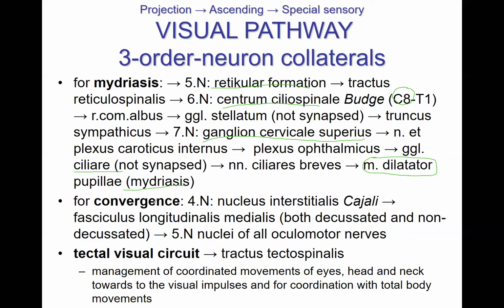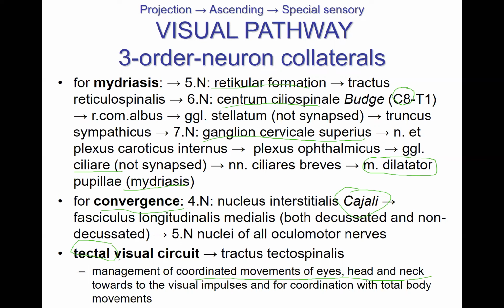If you use the eyes, you converge and diverge, and you coordinate the movements of the eyes, head and neck. That's why you need the collaterals into the Darkschewitsch nucleus and into the tectum.